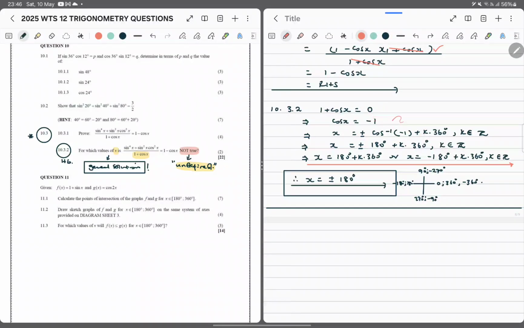Where the marks come from is actually equating this to 0. Very important, because it defines the not true part, and then both of these solutions have to be correct. Whether you mark it here or you mark it there, it doesn't matter. But I would rather this is the solution because it is restrictless.